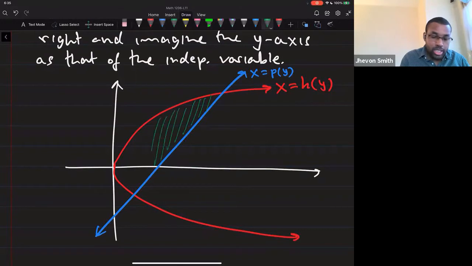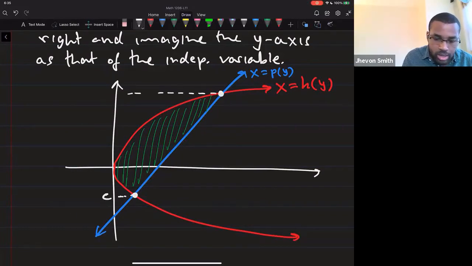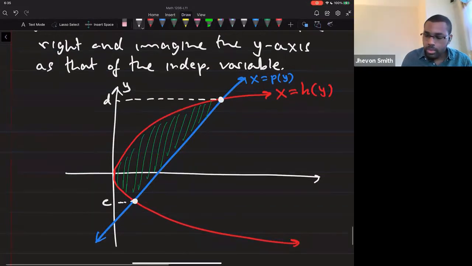Right? Now, it's the same area and the same curves, it's just that instead of saying y equals some function of x, I describe them as x equals some function of y. And I tilt my head to the right. And you would create intersections here and here. So now the y-axis is what I'm looking at.